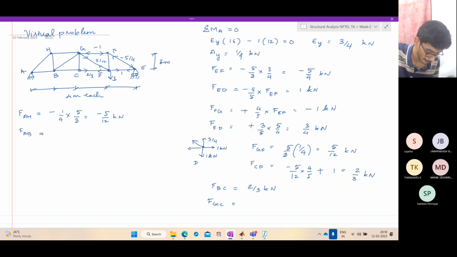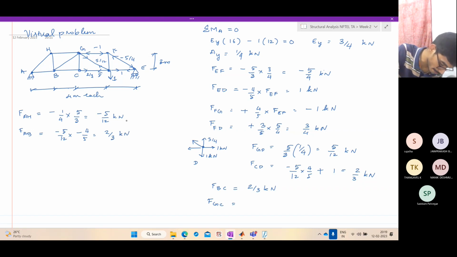FAB is, since the reaction AX is 0, FAB should be minus 5 by 12 into minus 4 by 5, which is 2 by 3 kilonewtons.